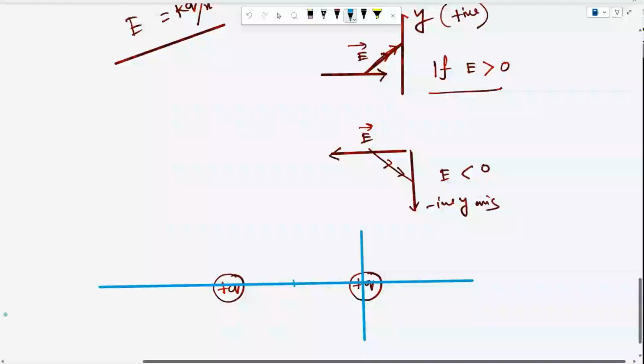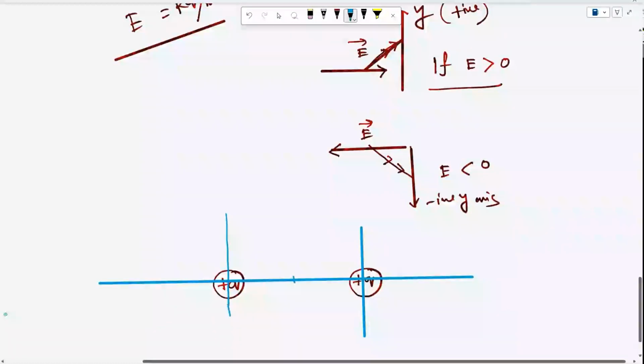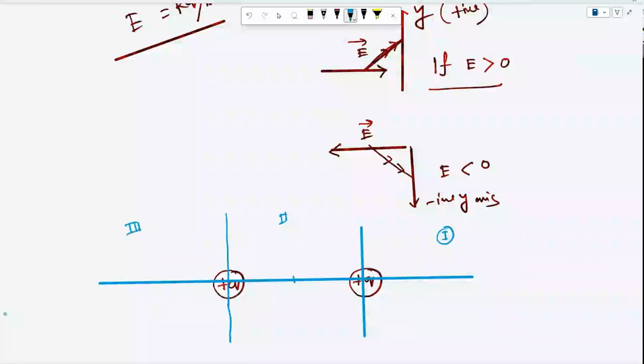Which three regions? This is one region in between. The case we have taken is two positive charges side by side, plus q plus q. This is first region. This is second region. This one is the third region. How electric field changes with distance, that we are going to find.